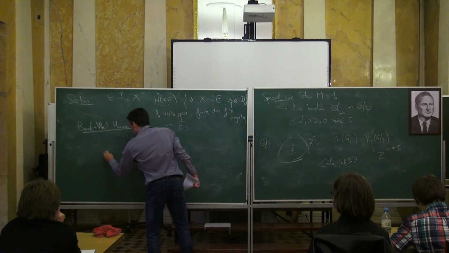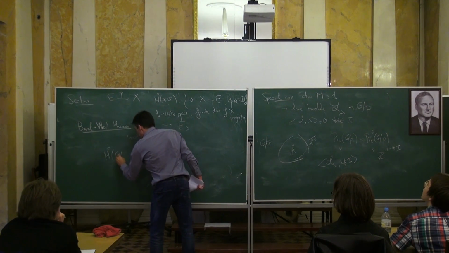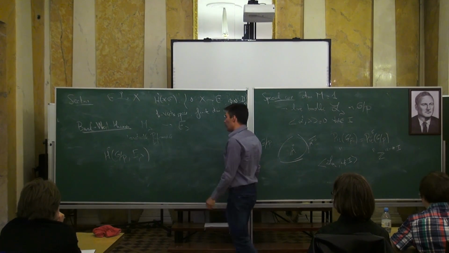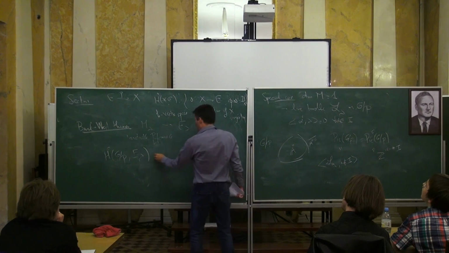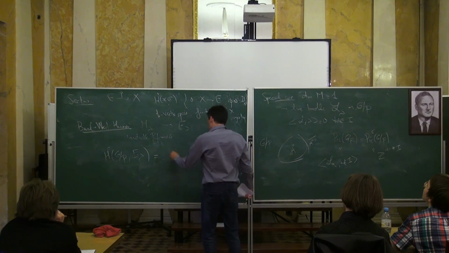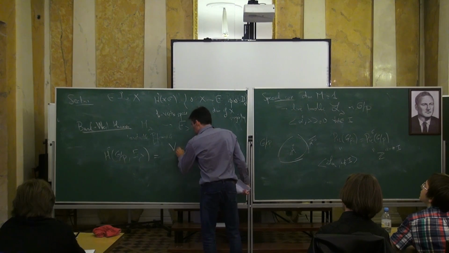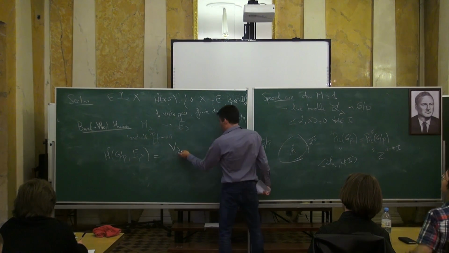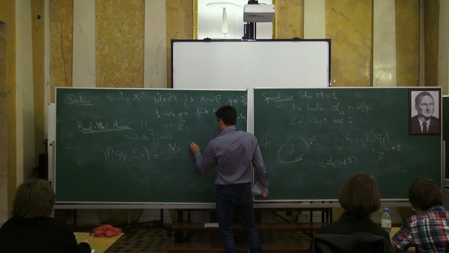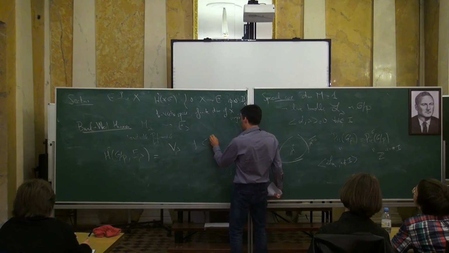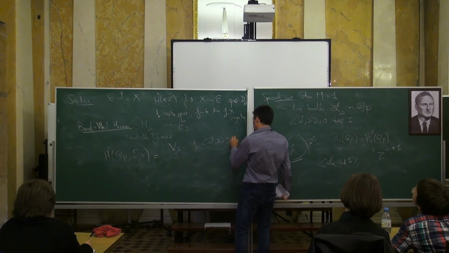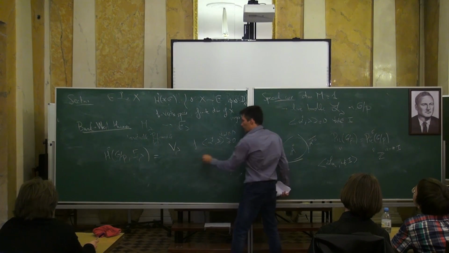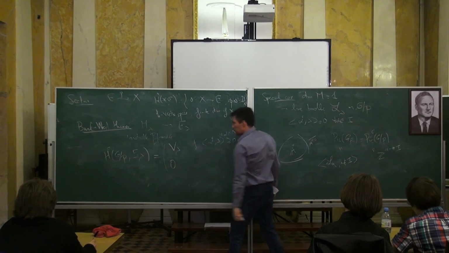And the statement is that the space of sections of E lambda on G mod P is essentially V lambda. So for V lambda to be non-zero, you need the positivity conditions. And if they are not fulfilled, you get 0.